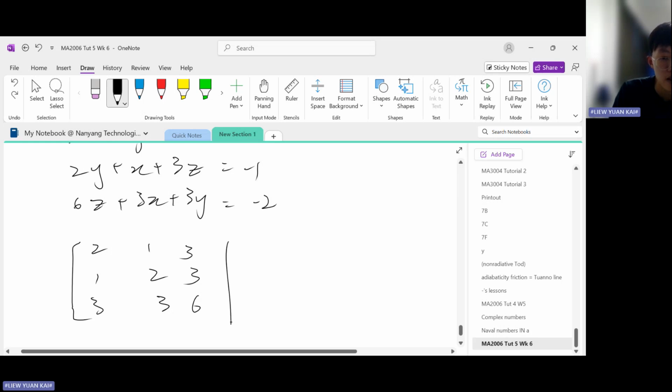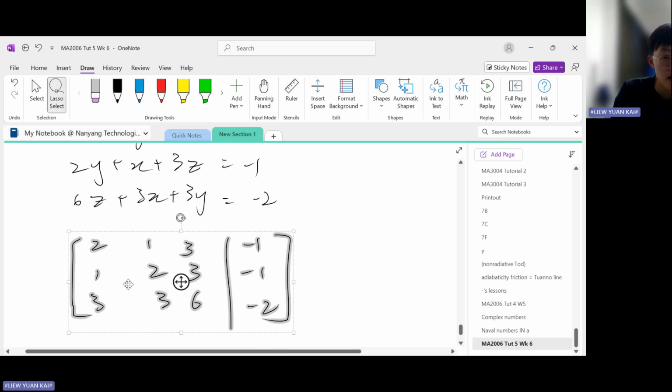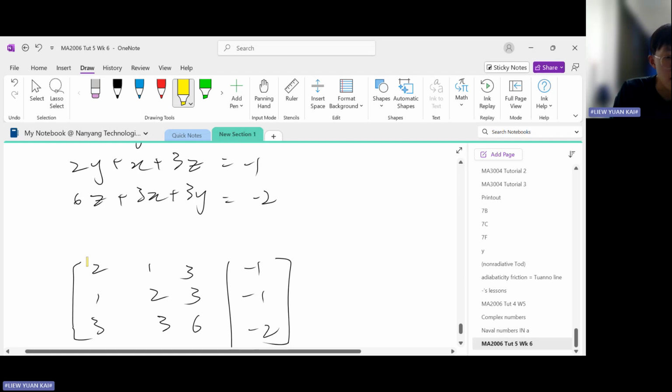Let me write this down first before I talk. Okay, so remember that this column is the coefficients of x. This column is the coefficients of y. This column is the coefficients of z.